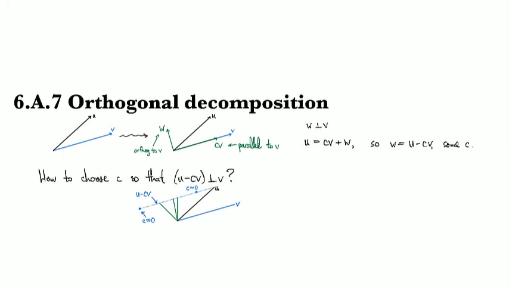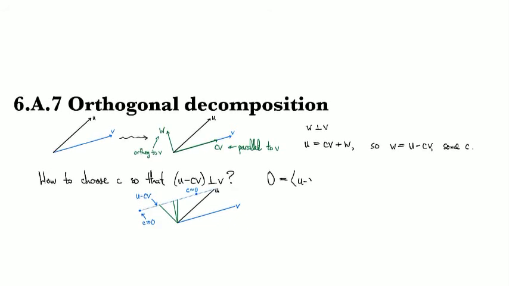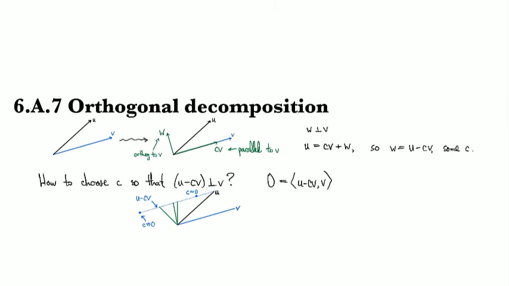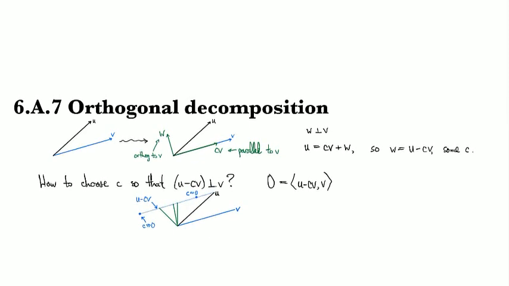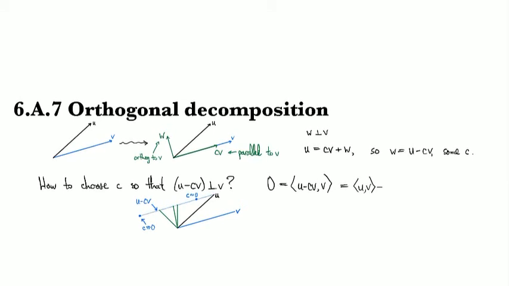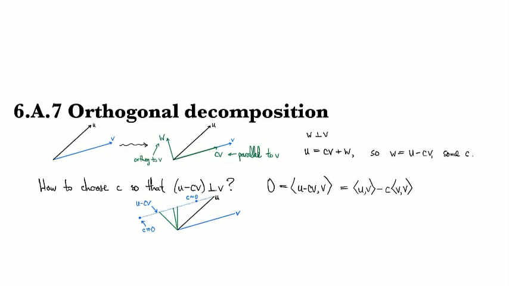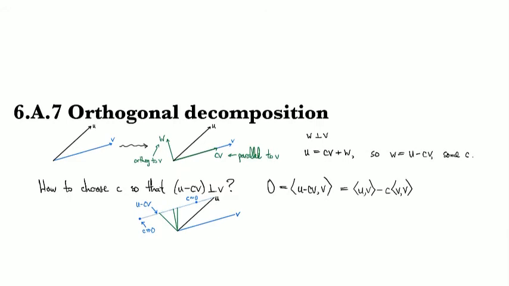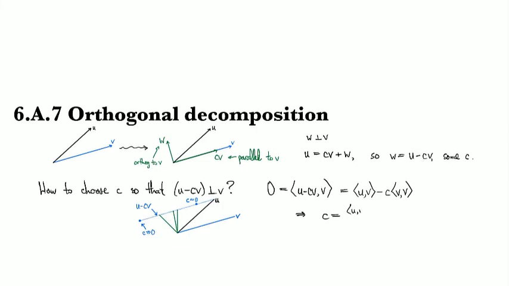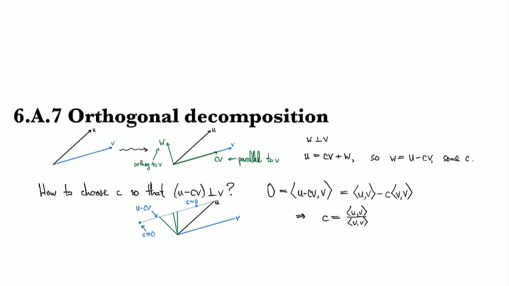So this means we need to have u minus cv orthogonal to v. What can we do with this equation? Well, we can use linearity in the first slot. So this becomes the inner product of u and v, minus c times the inner product of v and v. Then I just need to solve that for c, and I get inner product uv over inner product vv.